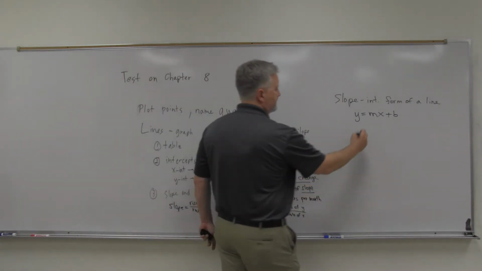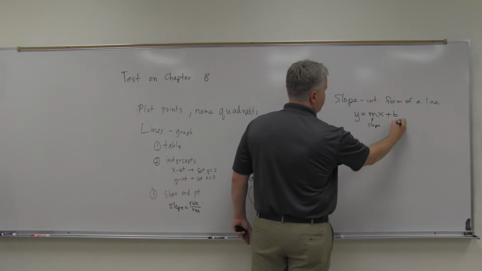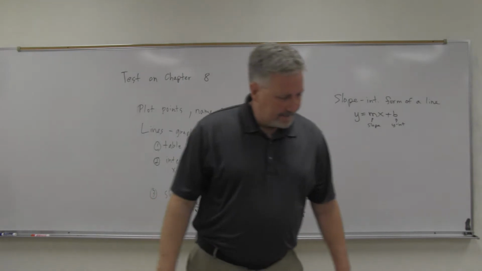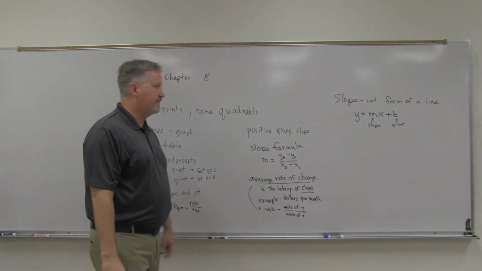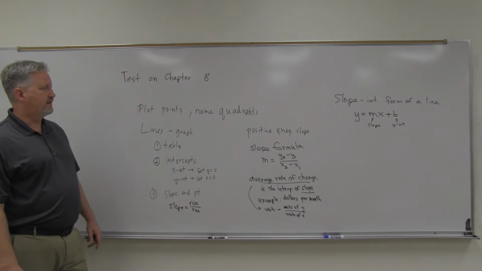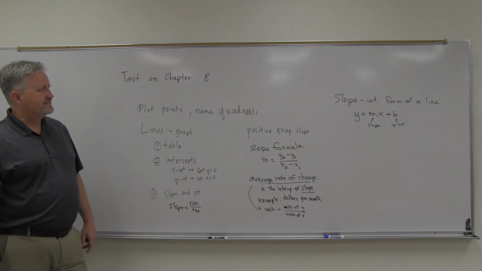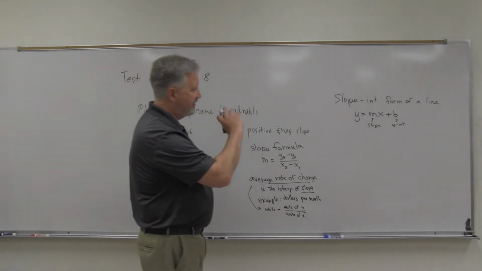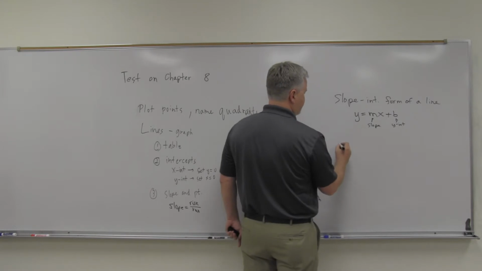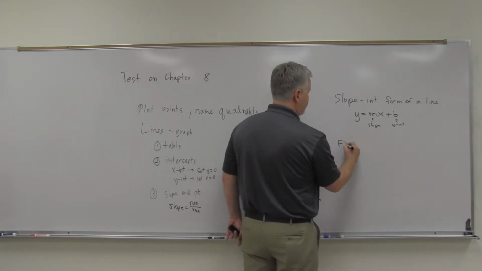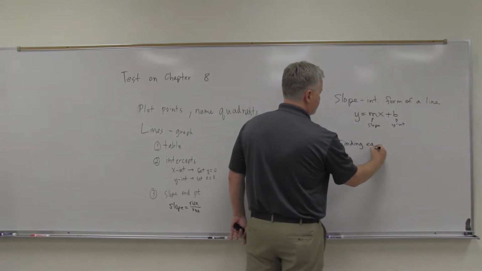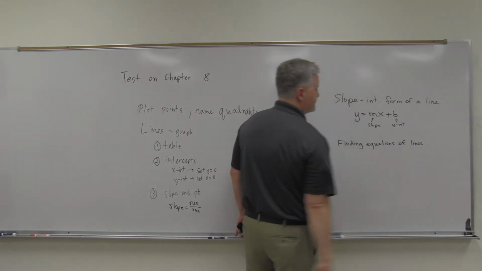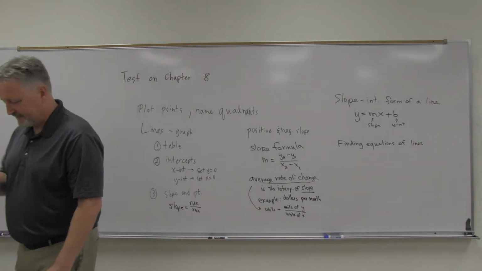And of course it's so called because m is your slope and b is an intercept, specifically y-intercept, right? And you can use that information to also graph a line. Could add that to our list over here, but also in that section, we also talked about finding equations of lines. So be sure to go back over that if you've forgotten that.